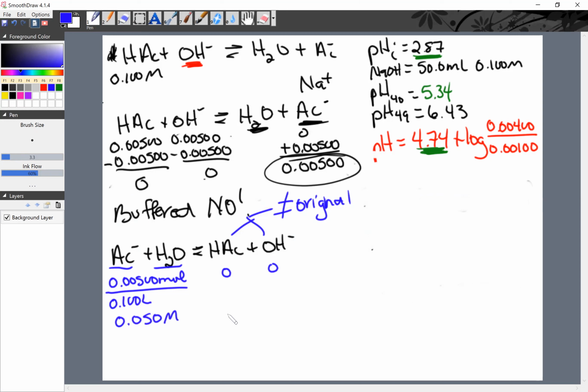Okay, I'm back in molarity. 0, 0, minus x, x, and x. 0.050 minus x, x, and x. And we're back to everything that we kept doing over and over. Now remember, this is a KB.